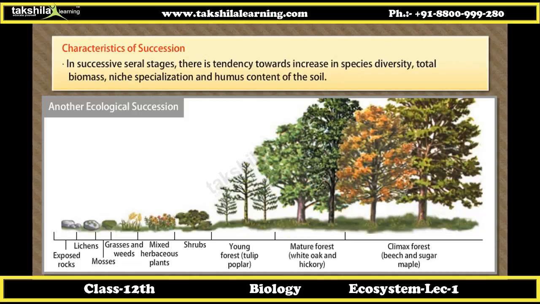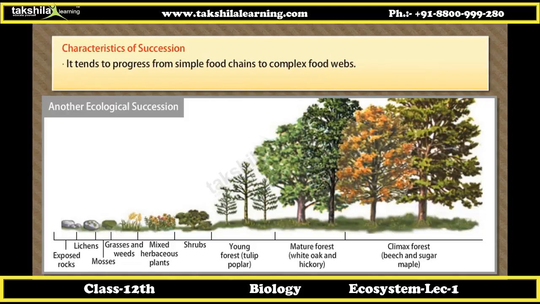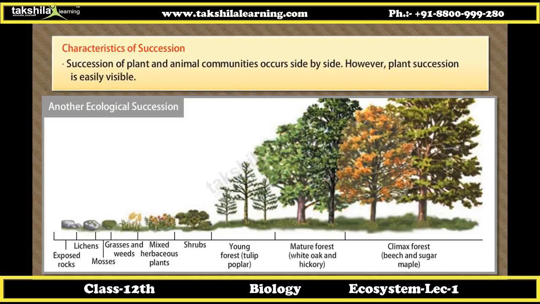In successive stages, there is tendency towards increase in species diversity, total biomass, niche specialization and humus content of the soil. It tends to progress from simple food chains to complex food webs. The habitat tends to modify from aquatic or dry conditions to mesic conditions. Succession of plant and animal communities occurs side by side.